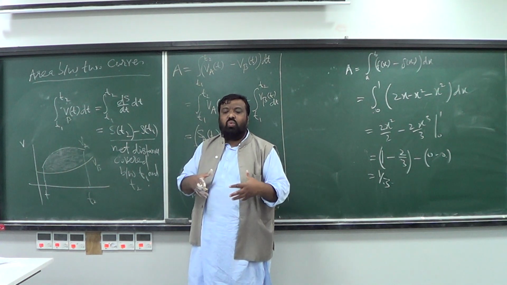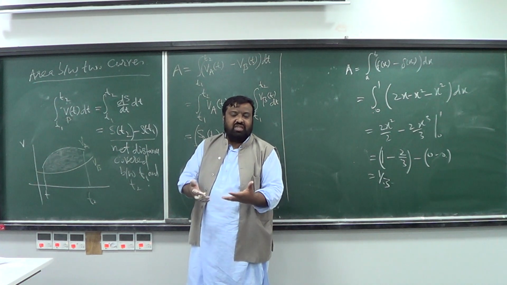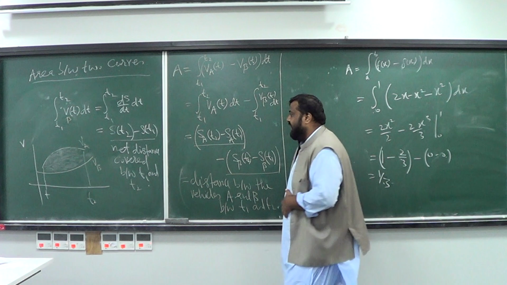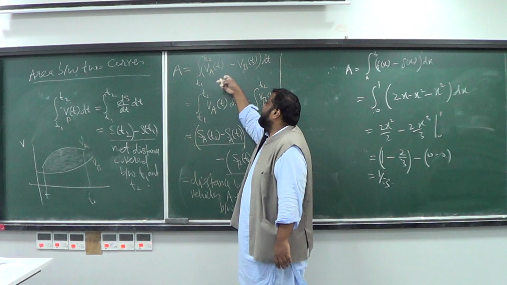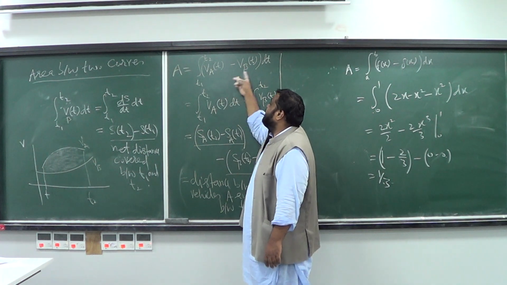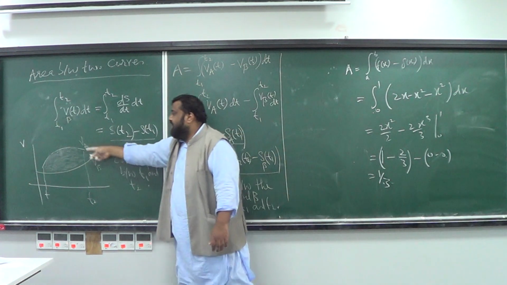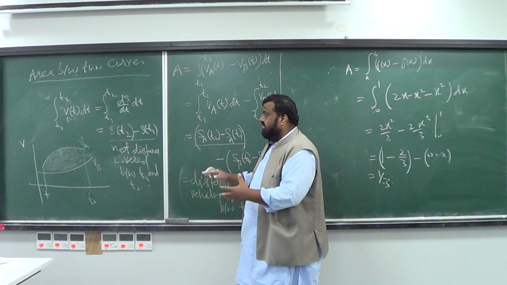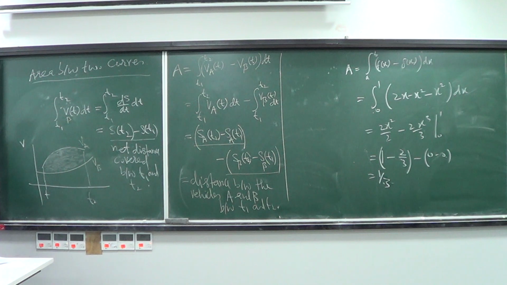You can interpret that distance as the area between the two velocity curves. So this area between the two velocity curves is giving you the distance. If you have physical situations, you can even interpret the area between curves physically.